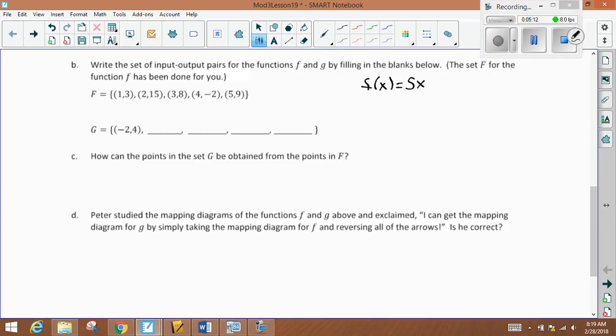To find what function reverses my input and my output, or my domain and my range. So I'm going to show you how to do this. I'm going to write the steps down a couple times. So my first step is I let f of x equal y.